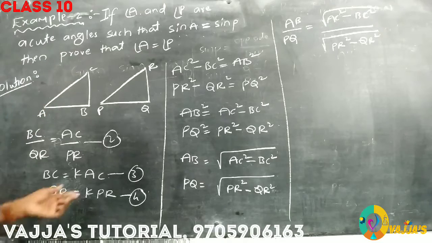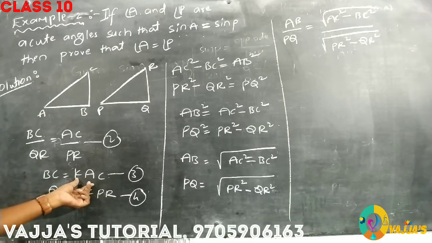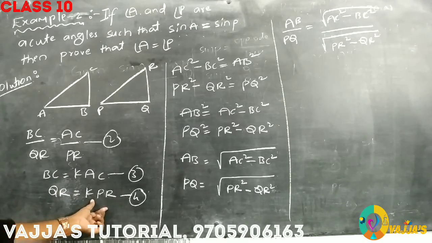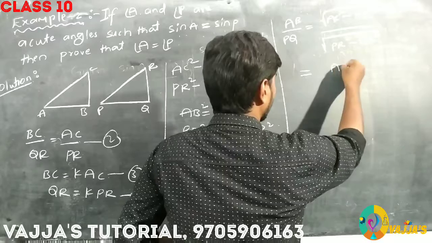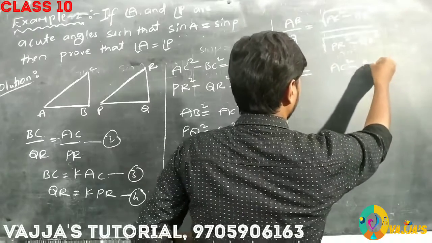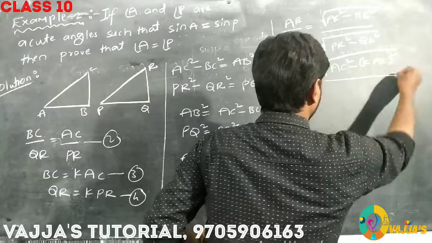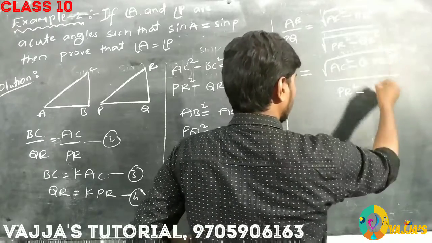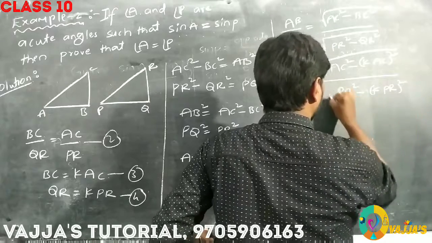Look at equation 3 and 4. BC we can replace with K into AC, as well as QR we can replace with K into PR. By using equation 3 and 4, it becomes the root of AC square minus (K into AC) whole square, by the root of PR square minus (K into PR) whole square.